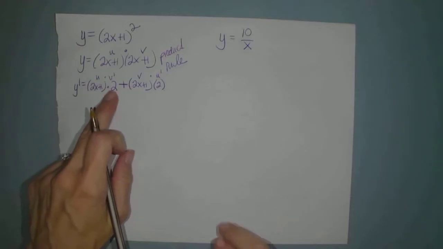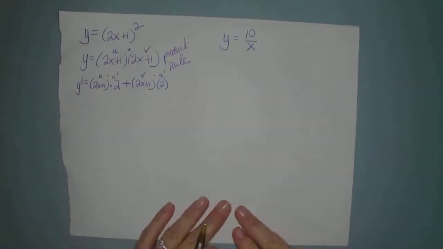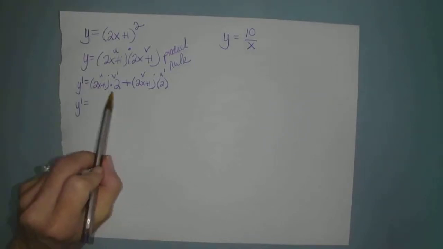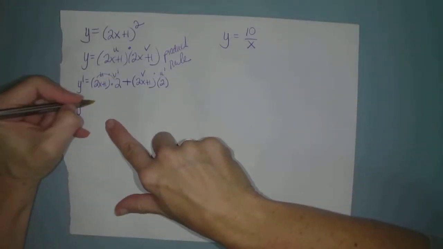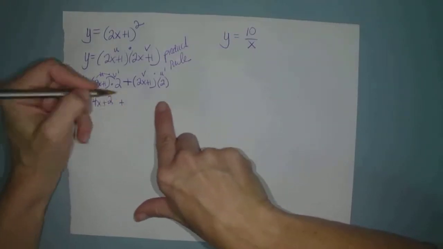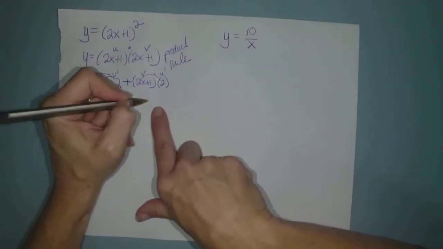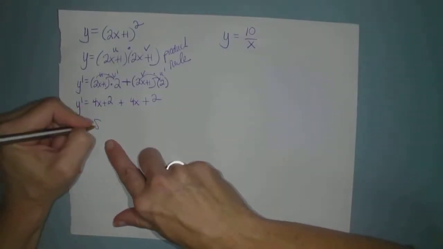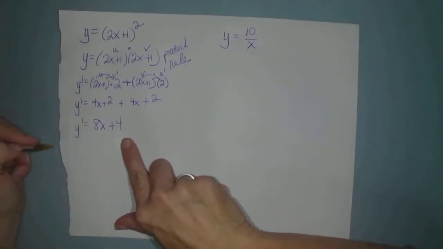So first times derivative of second plus second times derivative of first. Now, cleaning this up, if you distribute the 2, you're going to have 4x plus 2 plus another 4x plus 2, and that is 8x plus 4 when you combine like terms.